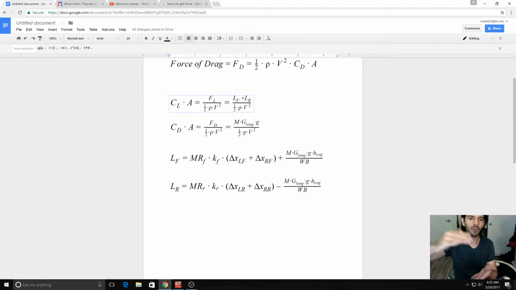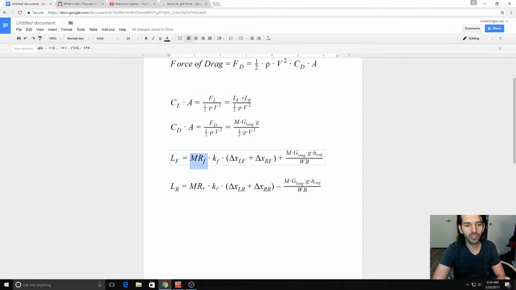So your ride height would sometimes change more or less than what your actual damper is moving. That's obviously done on purpose, but we need to take that into account because you will then overestimate your downforce if you don't use the motion ratio. So a very important term.